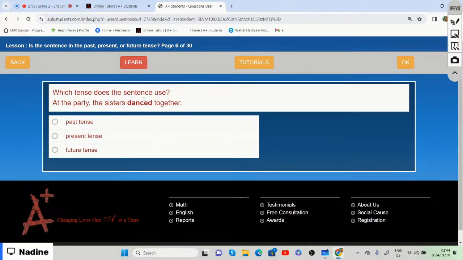At the party, the sisters danced together. So danced, is that in the present tense, the past tense, or in the future tense?